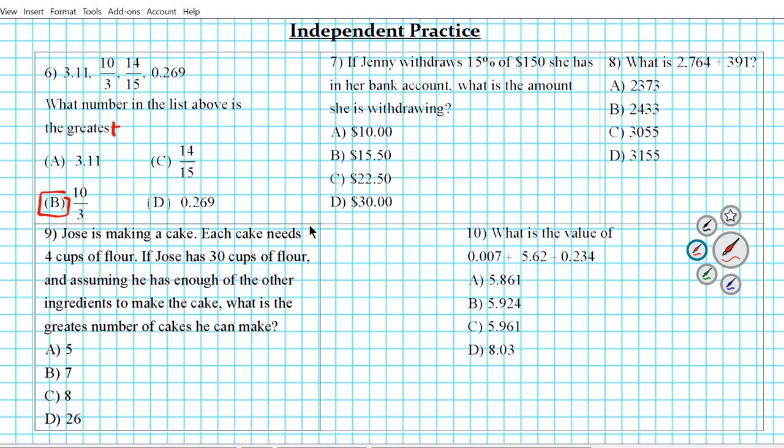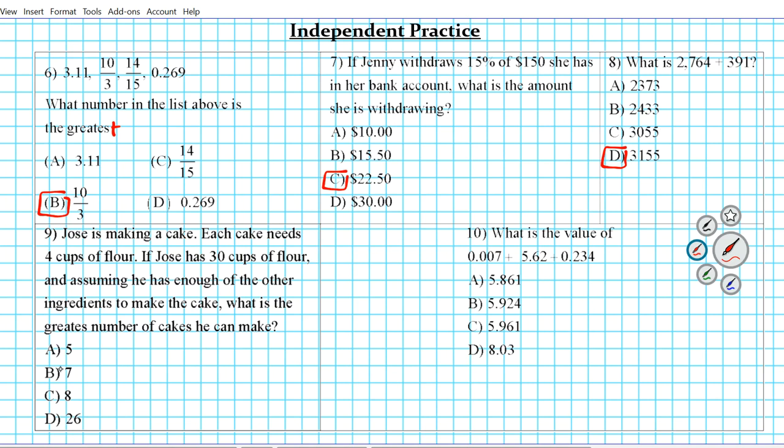For question number 7, the answer is $22.50, option C. For number 8, the answer is 3,155, option D. And for number 9, the answer is 7.